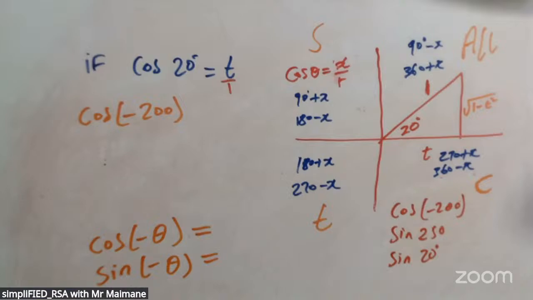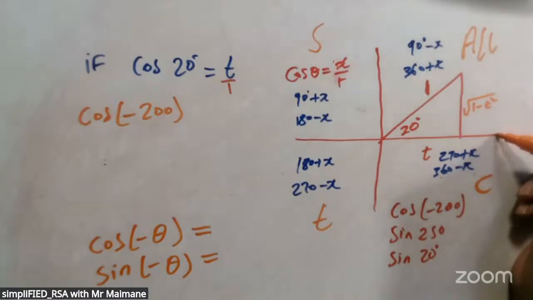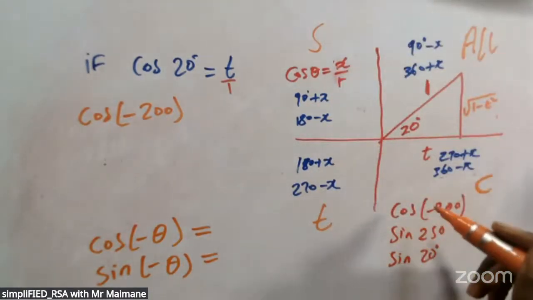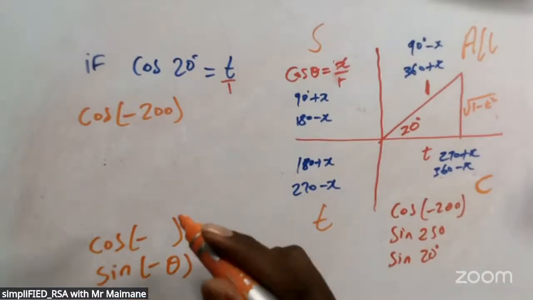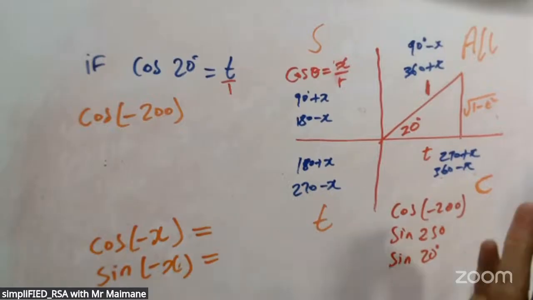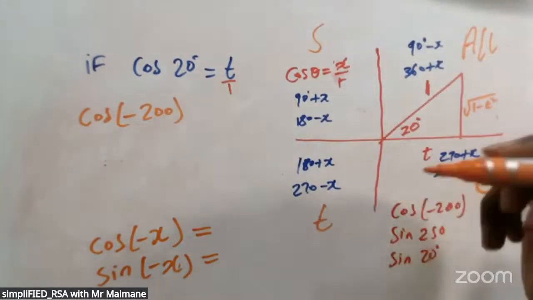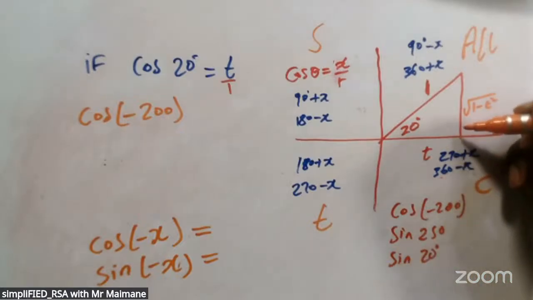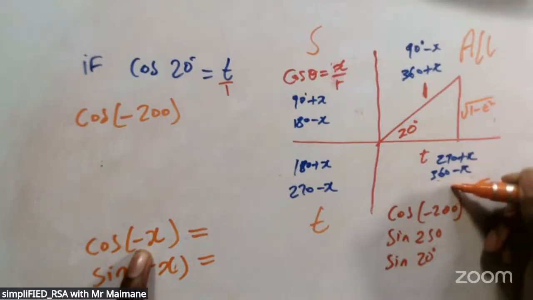So think of it like this. When we go positive theta, we go from here, we go this side. Even if I don't say theta, I can say x. Positive x is this side, and then negative x, we are going clockwise. So when I go clockwise, if I go negative, I'm on the fourth quadrant.